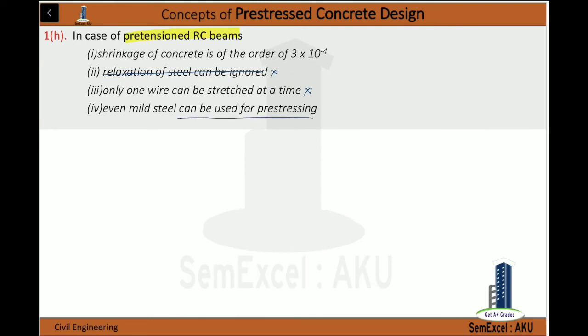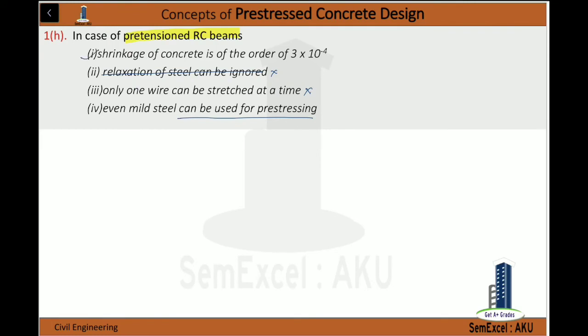Just now we have discussed that mild steel cannot be used as a pre-stressing because approx more than 150 MPa stresses we are losing, so we will not get benefit if we use mild steel bar as a pre-stressing. So here only option 1 is correct.